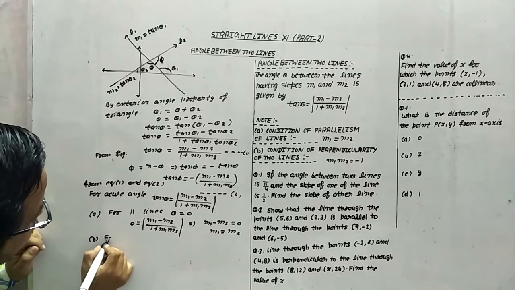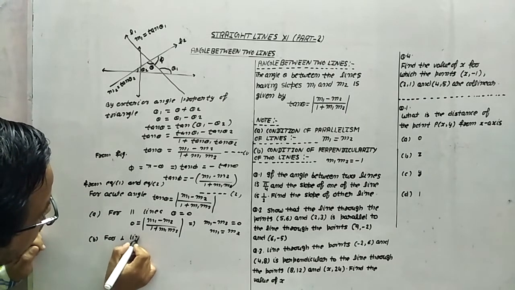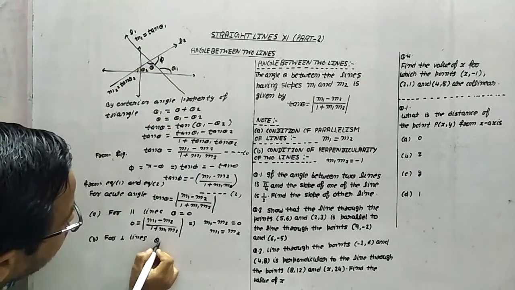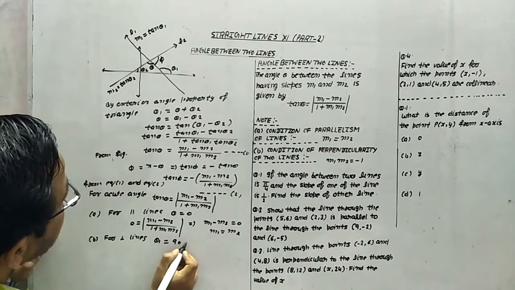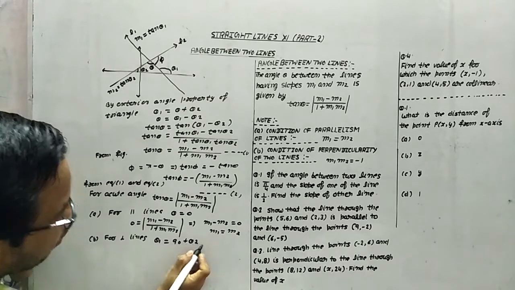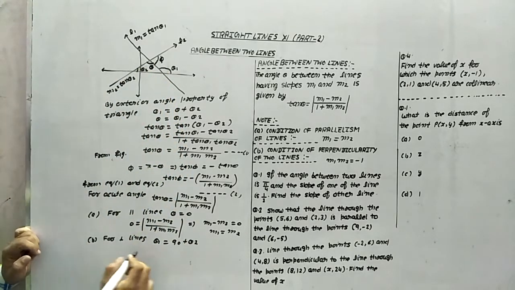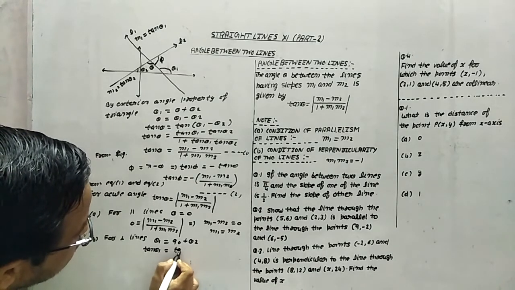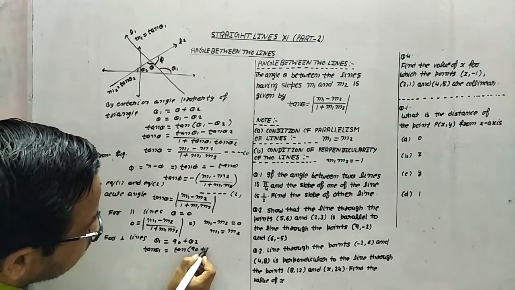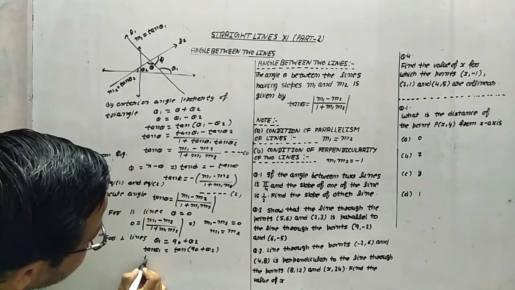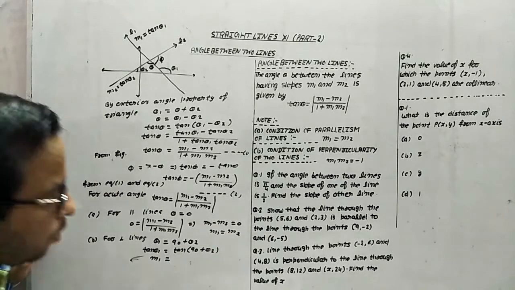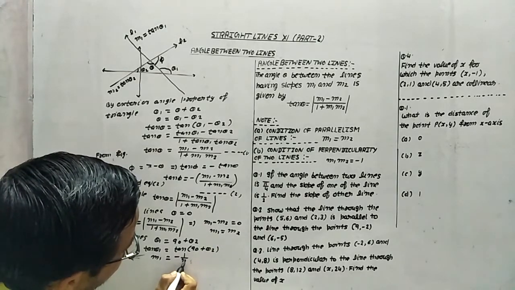Now for perpendicular lines, from the figure, what we are observing, theta1 is equal to 90 plus theta2, because this angle is 90. It means tan theta1 is equal to tan(90 plus theta2). Now tan theta1 means m1, and tan(90 plus theta2) means minus cot theta2. It means this becomes minus 1 upon m2.